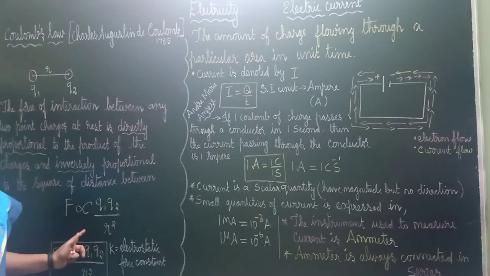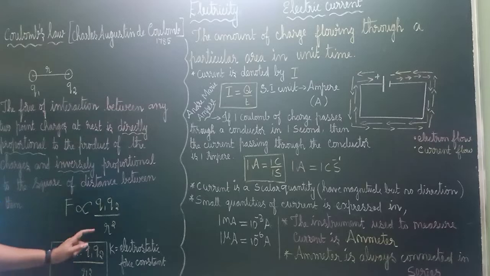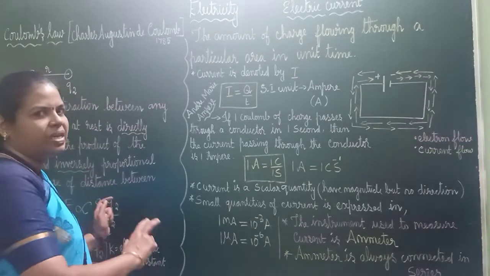When you are studying this, you remember, 10th standard, oh, I have studied Coulomb's law. So F is directly proportional to Q1 Q2 by R square, and it can also be written as F is equal to K into Q1 Q2 by R square. Here K is which one? A constant. Which constant? Electrostatic force constant. This is the basic thing.